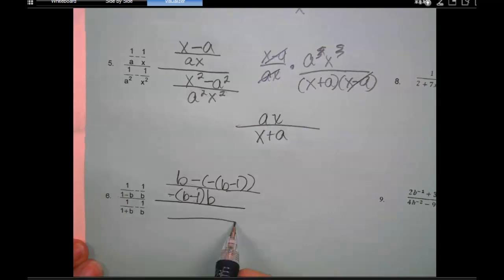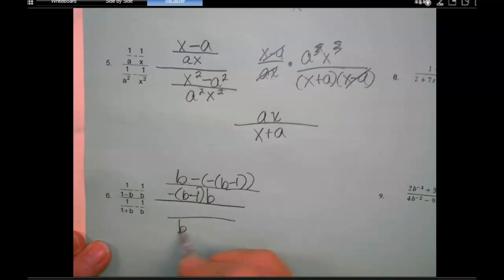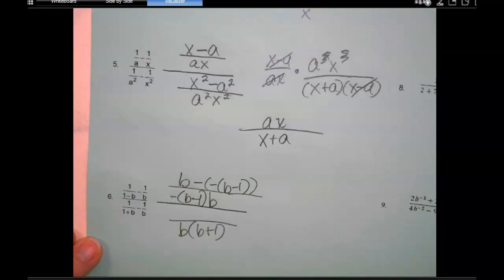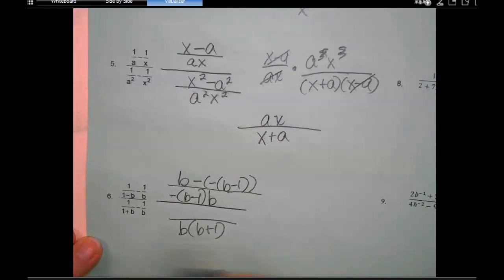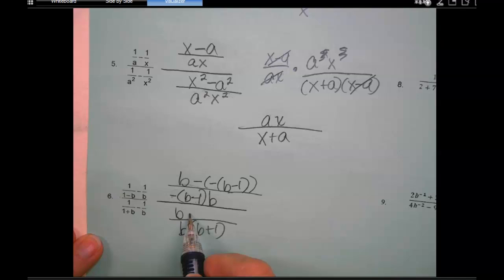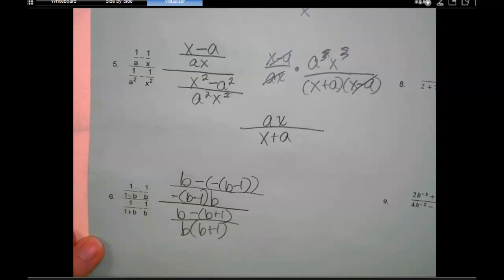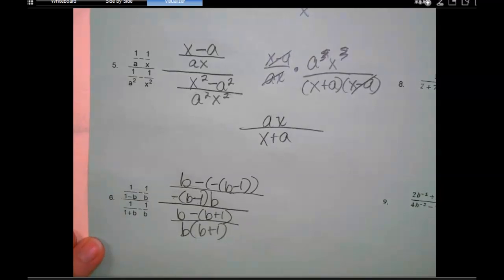So on bottom, I'm going to have b again, and I'm going to write a b plus 1. So on top, I'm going to have b minus b plus 1. Are we good?